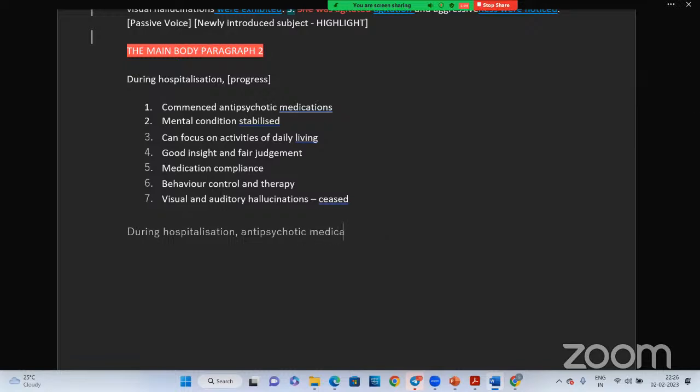Antipsychotic medications have been recommenced.